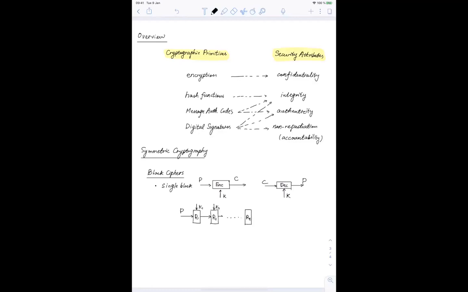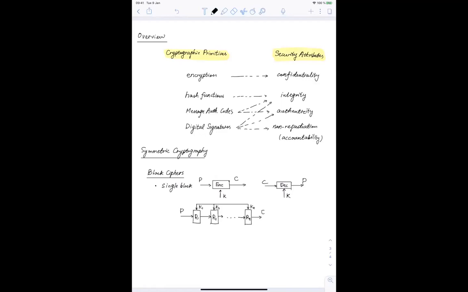And then the output goes into the third round with the key K3, and so on, until the last round we have the round key Kn, and the last round outputs the ciphertext C. And these round keys K1, K2 till Kn are different.